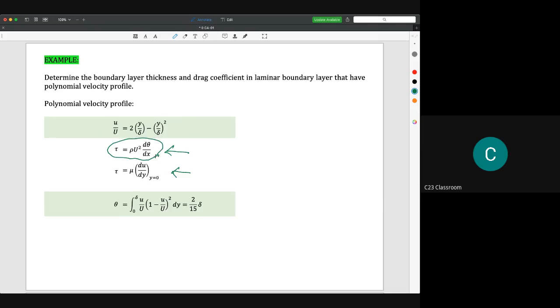To solve this equation, we have the term d theta dx, so we need to calculate theta, which is the momentum thickness. We know that the momentum thickness is the integration from 0 to delta of u over U times 1 minus u over U dy.